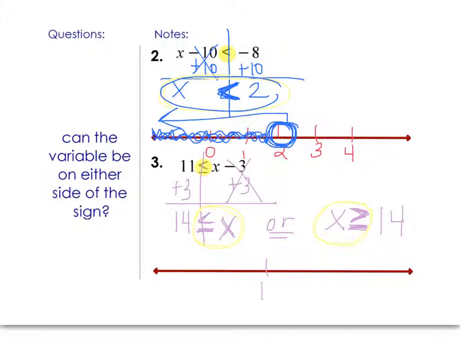Well, if I come to my number line, I have 14, 15, we'll do 13 down here, 12, 16. I have a closed circle at 14 because it's less than or equal to.